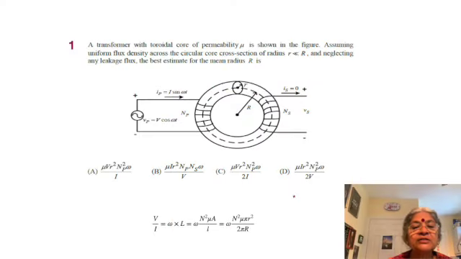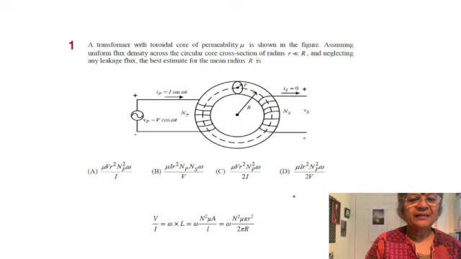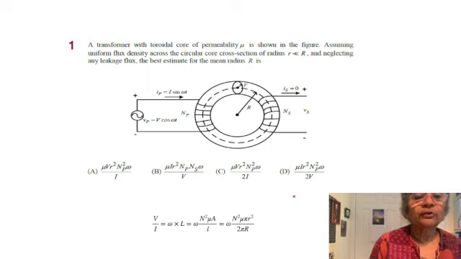So the first problem marked here, we are shown a toroid around which two coils are wound. On observing the primary side, on the left hand side there is a source of V cos omega t and a current I sin omega t, and so the relationship tells us that the source is feeding a pure reactance, and that too an inductive reactance, because the current is lagging the voltage by 90 degrees.